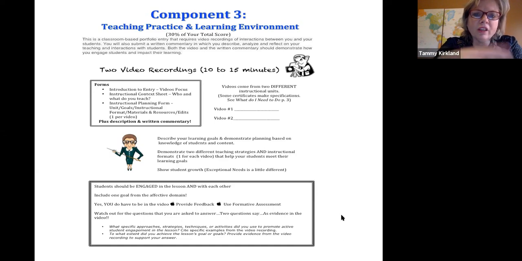But this is just sort of a at a glance sheet that helps you to look at that. And yes, you have to be in the video. Unlike the old process where teachers just made an appearance and left the video, this is a big difference for us because it does focus more on your teaching practice.